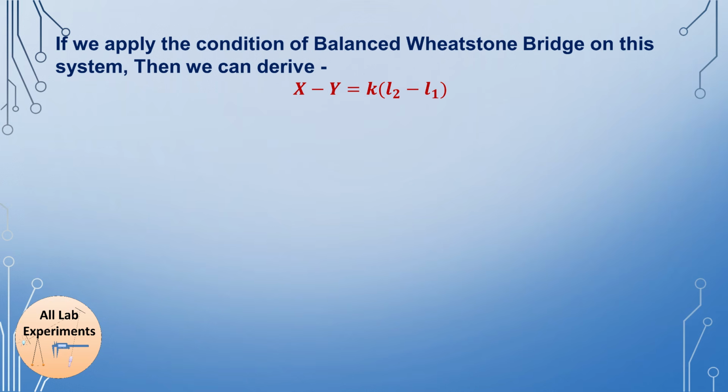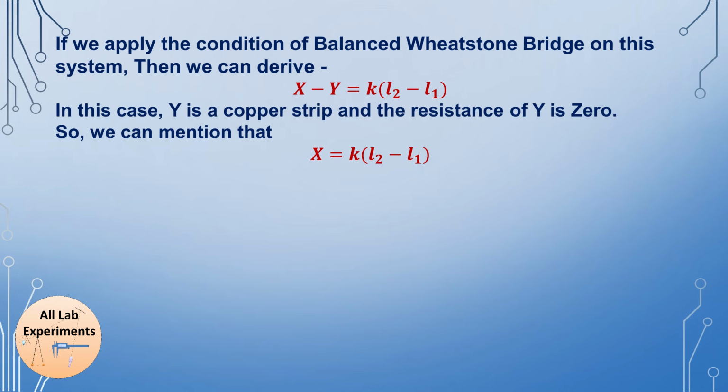K is the quantity we require, which is the resistance per unit length of the wire. But in this experiment we have taken Y as the copper strip and we can consider that its resistance is 0. So this equation is modified in this form, and from this equation we can calculate the value of K, which is the resistance per unit length of the bridge wire.